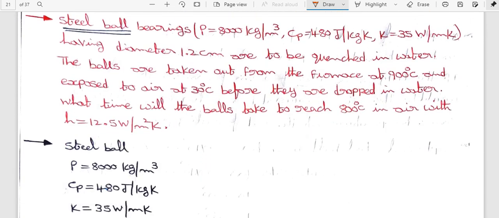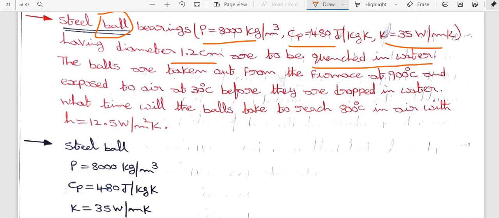Coming to the next problem, steel ball bearings. Ball means a spherical object. The density, Cp and K are given. The balls, with a diameter of 1.2 centimeters, are to be quenched in water.